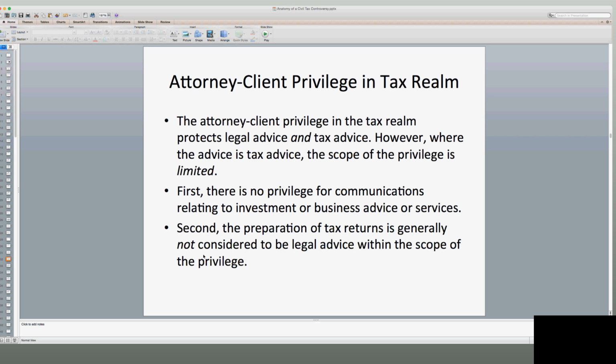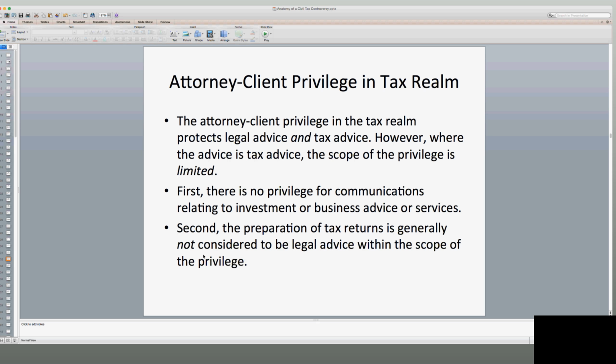So let me back up now. This is the attorney providing advice to his client, who is the taxpayer. Second, the preparation of tax returns is generally not considered to be legal advice within the scope of the attorney-client privilege. So, let me give you this quick and dirty example. You're an attorney, a client comes to you, we'll call him John Doe. John Doe asks you for advice.